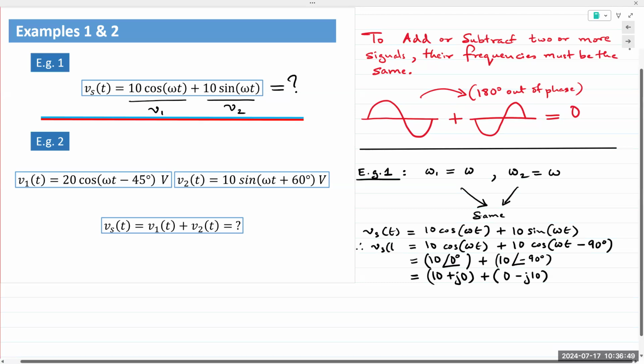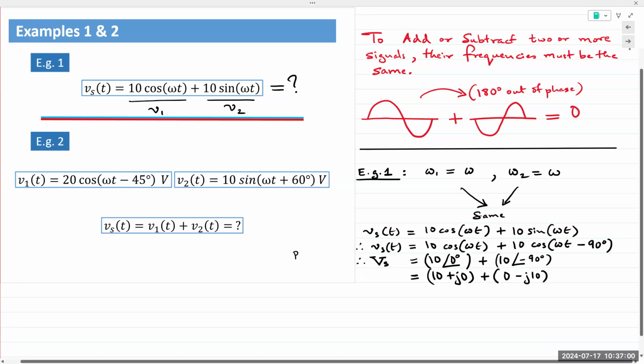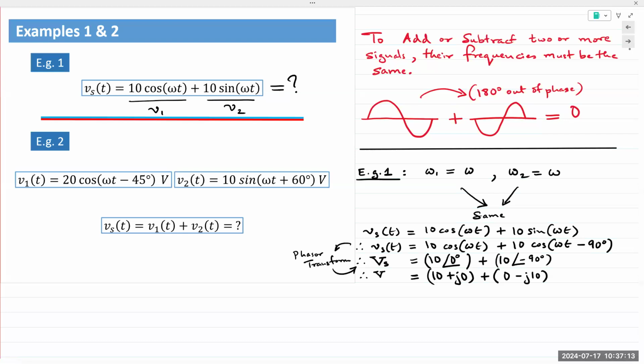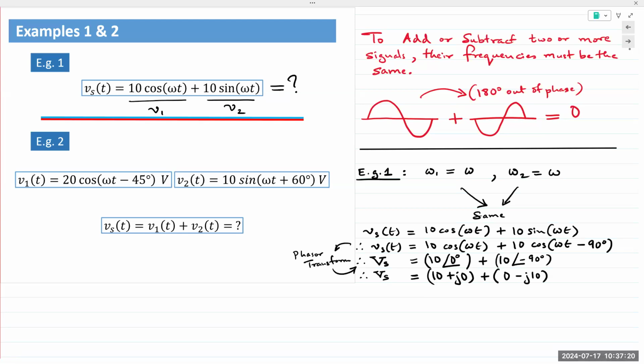And here I'm going to do this Vs of t. And now phasor transform, I'm going to use this as my handwritten symbol for the phasor. In print, it is easier to see. With handwritten stuff, you just have to come up with your own.